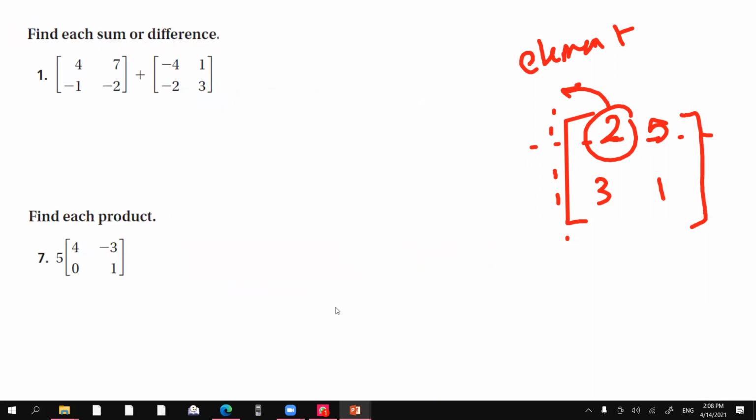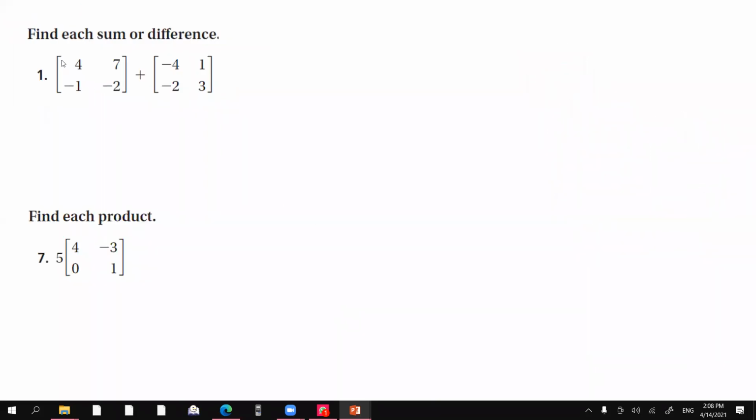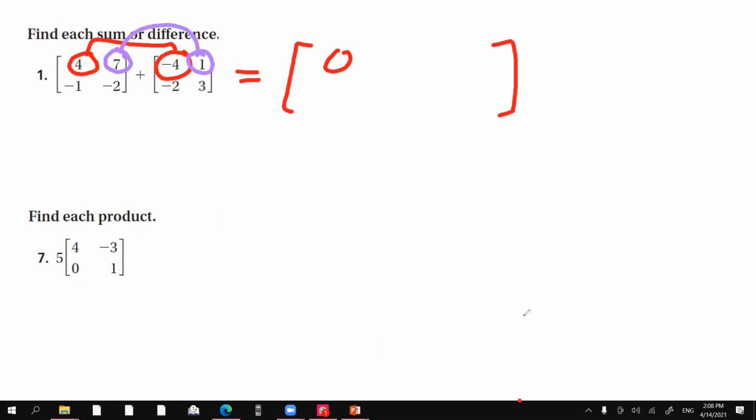So matrices can be solved like numbers. If you want to find the sum or the difference of matrices, first you have to add each pair of corresponding elements, like 4 plus -4, which is 0. Then you add 7 plus 1, which is 8.